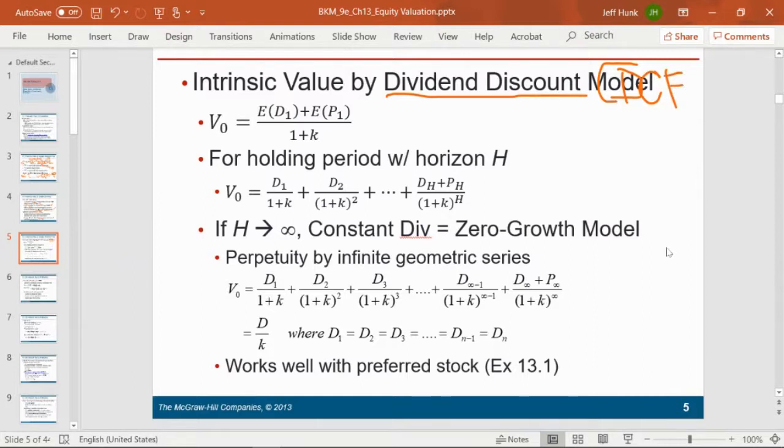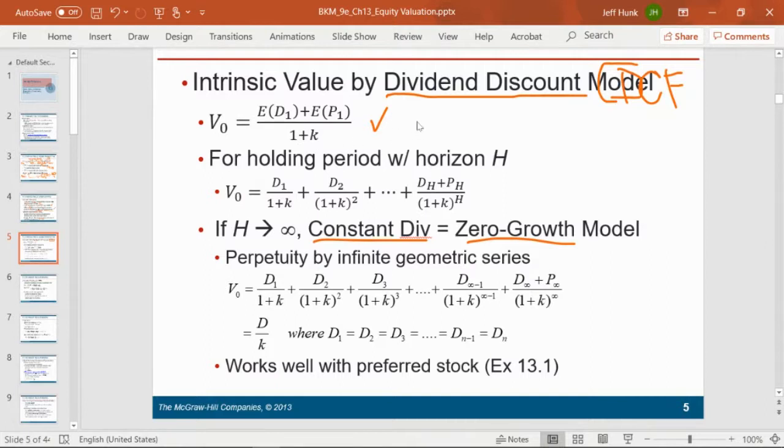Right? Now, the first model is the constant dividend model, or zero growth model, and they all come from this one period, single period valuation model, which is simply how we define the holding period return, right?